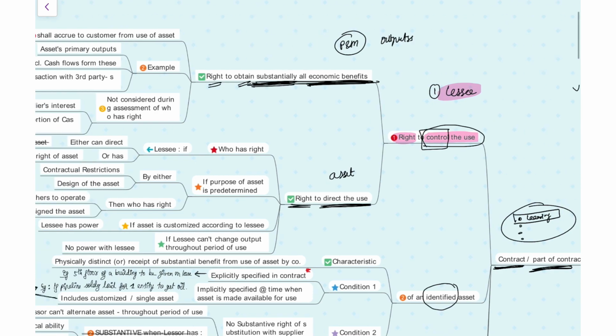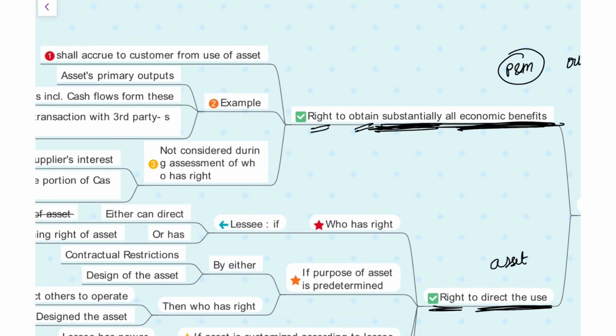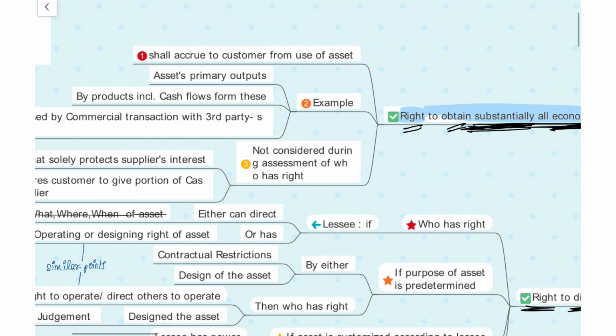If both conditions are fulfilled, one obtaining substantially all economic benefits, and the second having the right to direct the use, then it is said that the right to control the use of the asset is also with the lessee. Now let's see in depth what the right to obtain substantially all economic benefits means. I just explained it to you through an example.